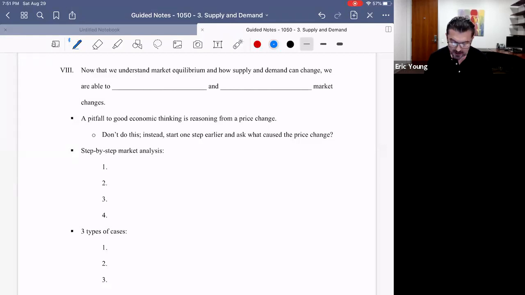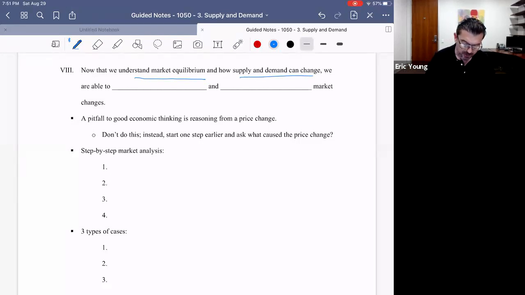So to start it off, now that we understand market equilibrium, we know that it's brought together by supply and demand, and we know that supply and demand can change, you're able to now really explore the power of supply-demand analysis on a market.